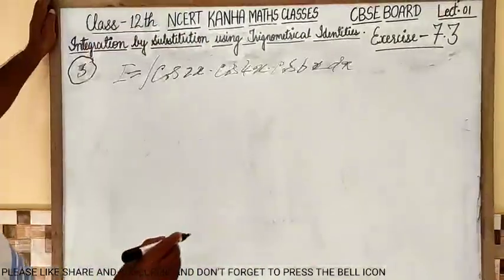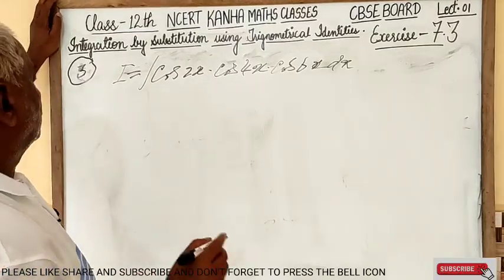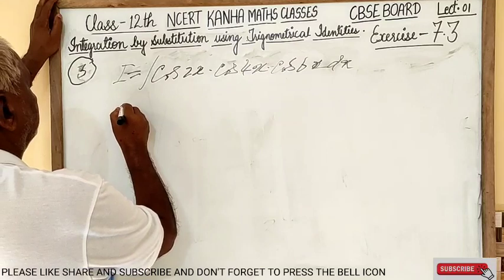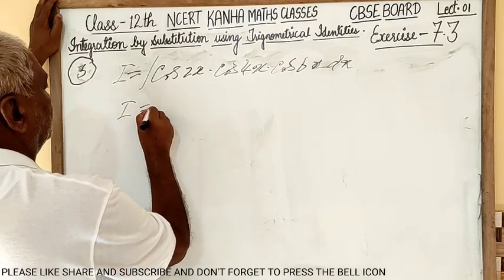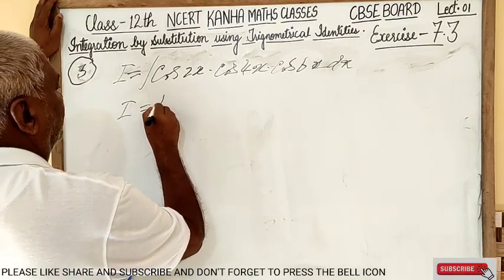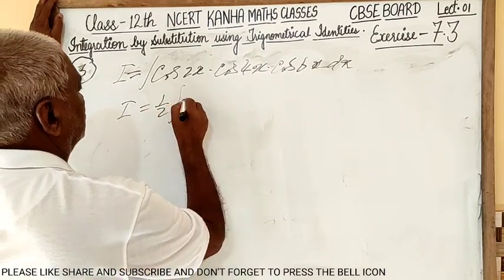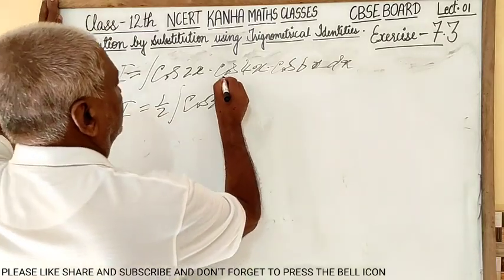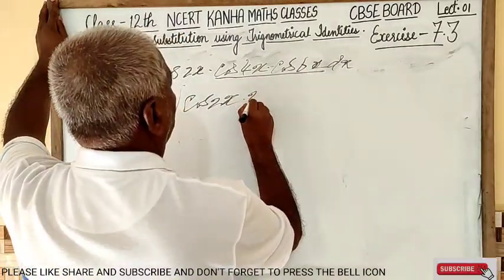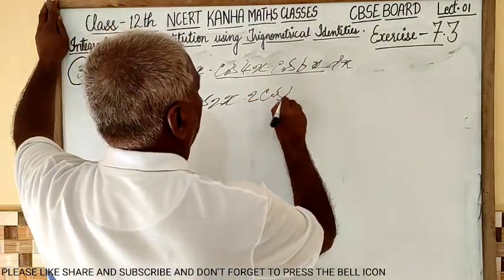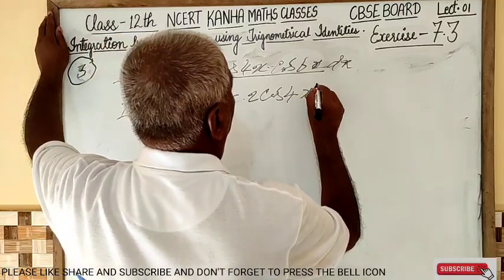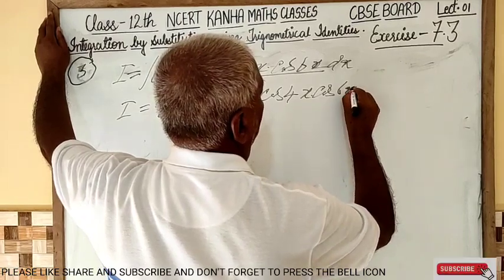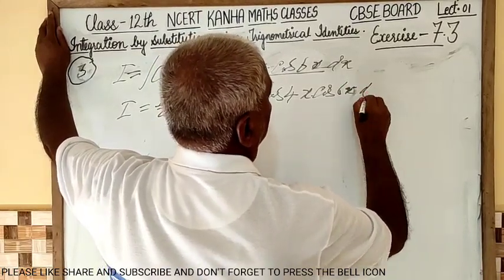Here I will try to solve the integral concerning question number 10. I is equal to 1 by 2 cos 2x into 2 cos 4x cos 6x dx.